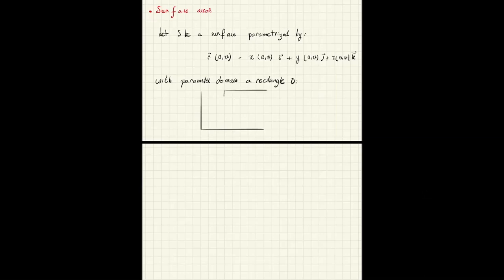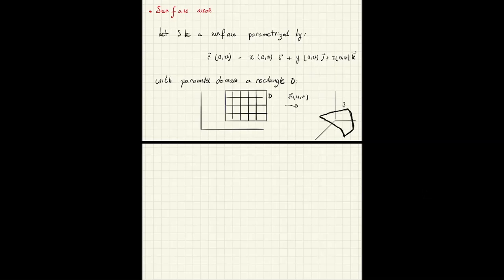Say, for example, here I have this rectangle, and when I apply R(U, V), you have the surface S. So what we do is we divide again, the old idea of dividing these rectangles.